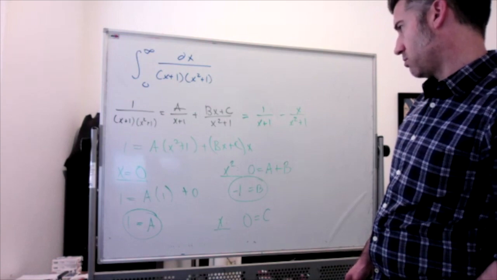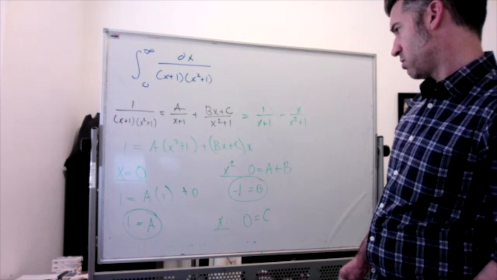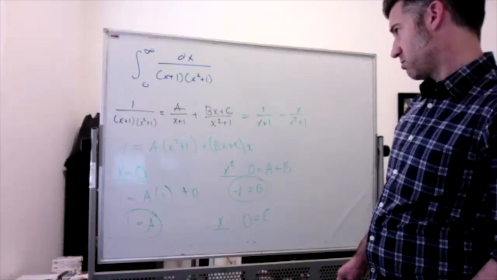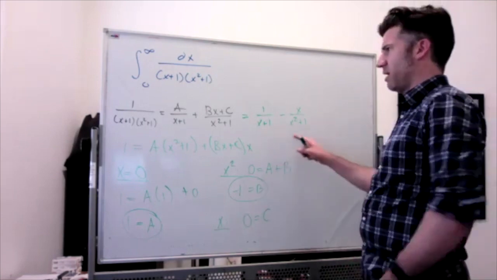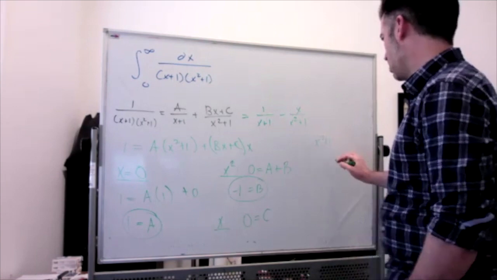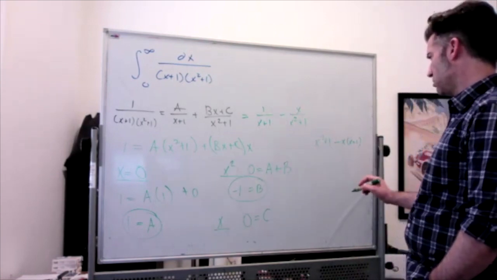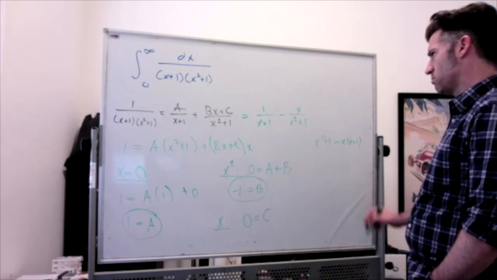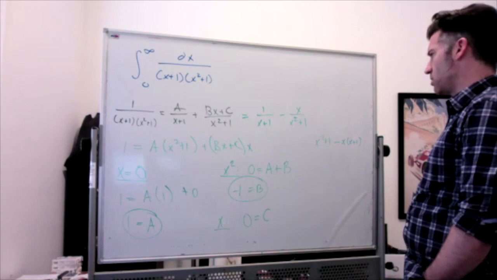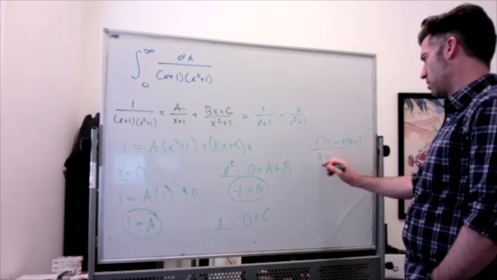X squared plus 1. Now that seems right. I just feel like I'm going to multiply these back out. I'm not getting that. X squared plus 1 minus x times x plus 1. I feel like I'm doing something dumb and I'm not seeing it.